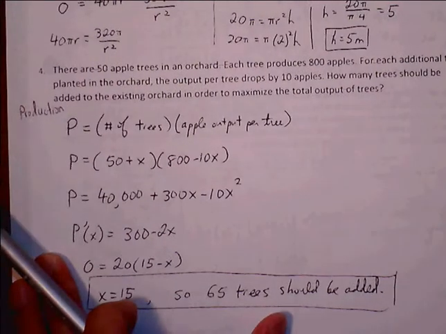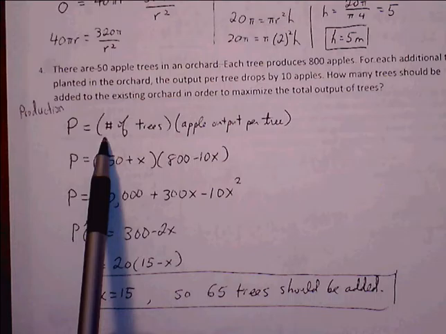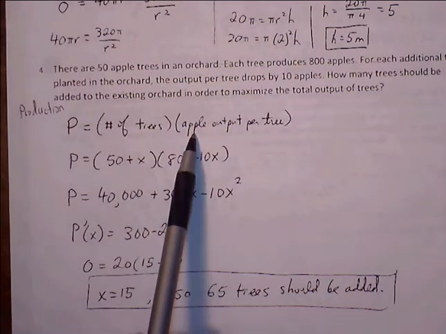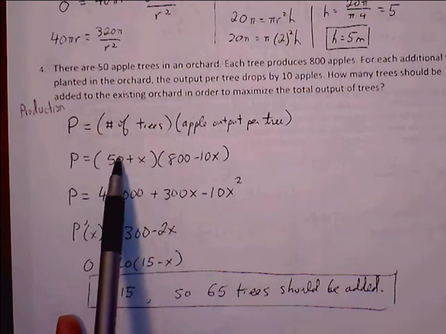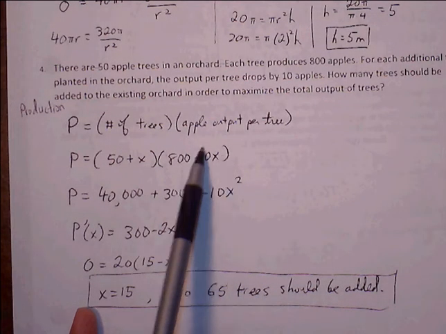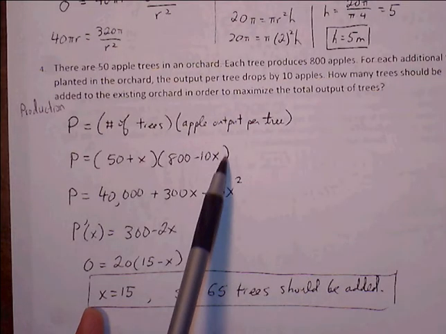All right, so let's think about this equation here. The total production is going to be the number of trees multiplied by the apple output per tree. Each tree that we add, we're going to lose an output of 10 apples per tree.